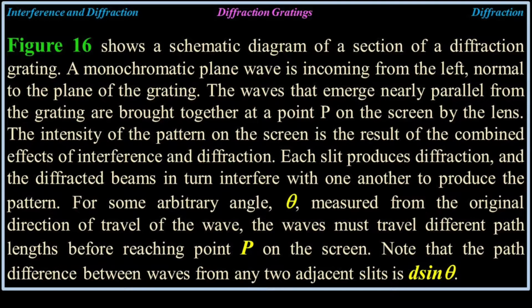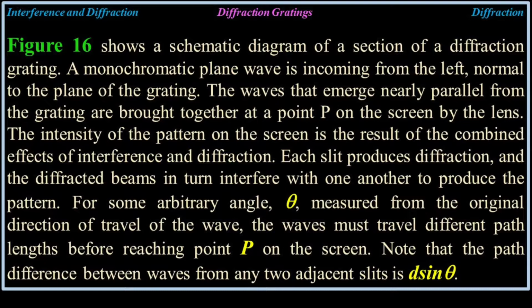Figure 16 shows a schematic diagram of a section of a diffraction grating. A monochromatic plane wave is incoming from the left, normal to the plane of the grating. The waves that emerge nearly parallel from the grating are brought together at a point P on the screen by the lens. The intensity of the pattern on the screen is the result of the combined effects of interference and diffraction.